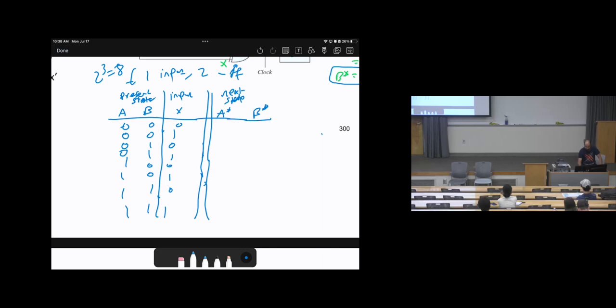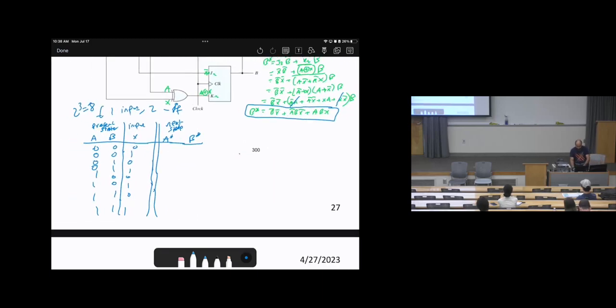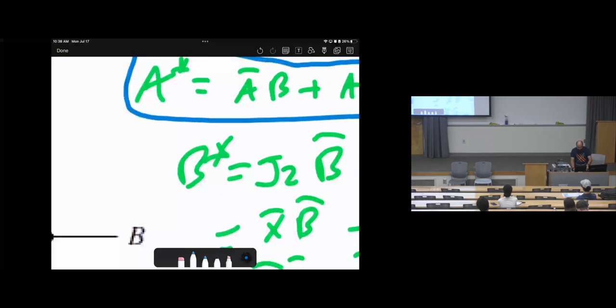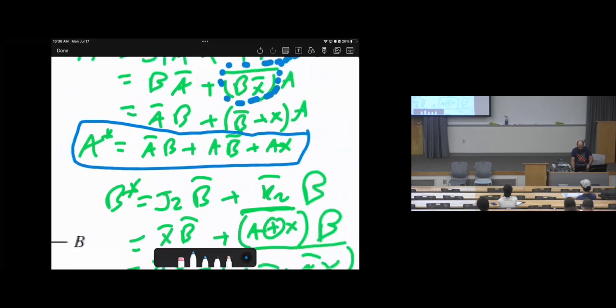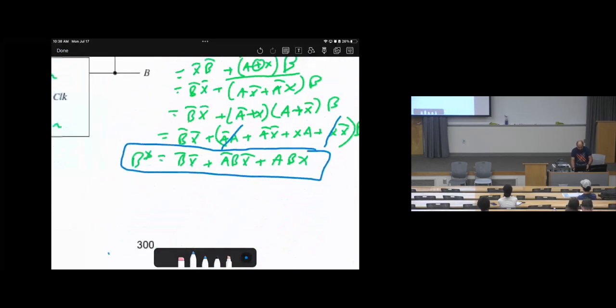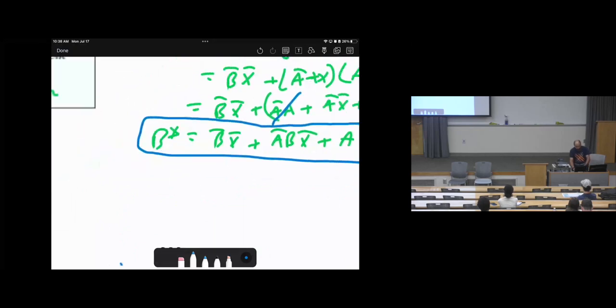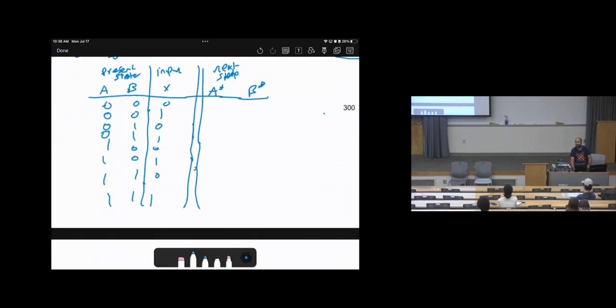So in order to find this, you can substitute in the equations. Find A star, we have A star equals B plus A B bar plus AX. So here B bar X bar, A bar B X bar, A B X. So this will take some time to substitute this. And you need to be careful when you substitute them to get the outputs.